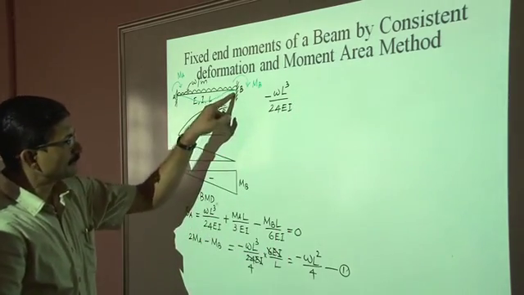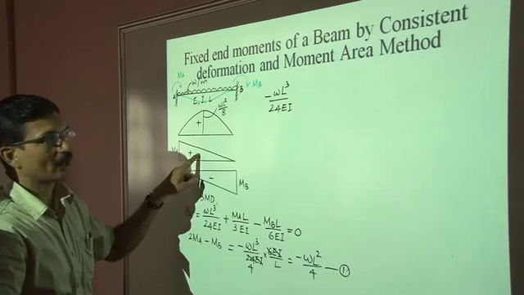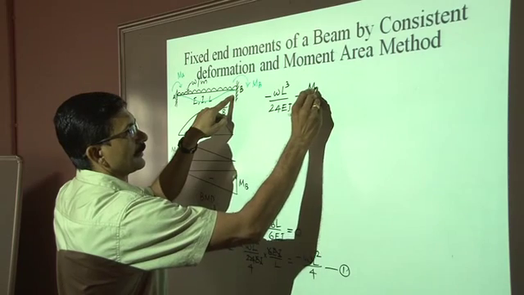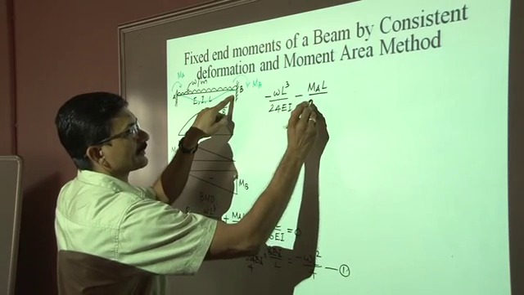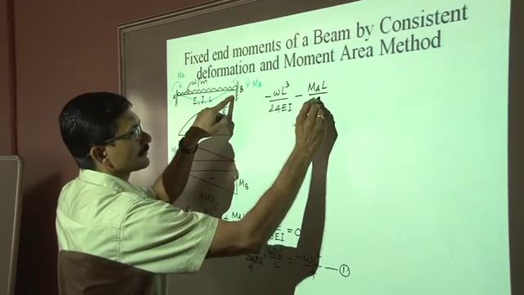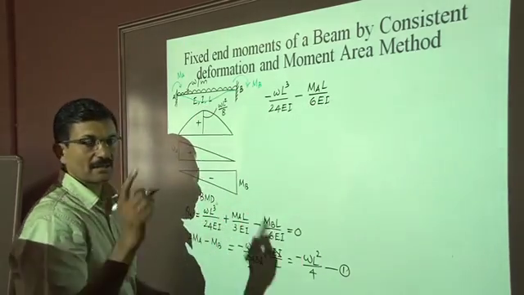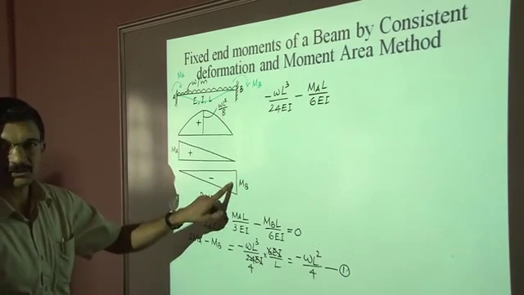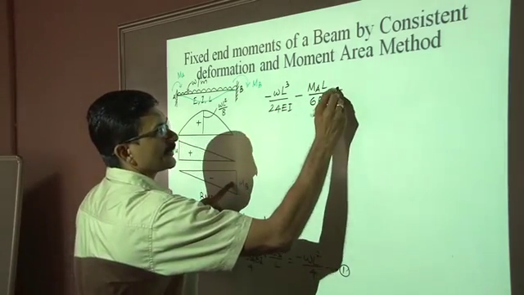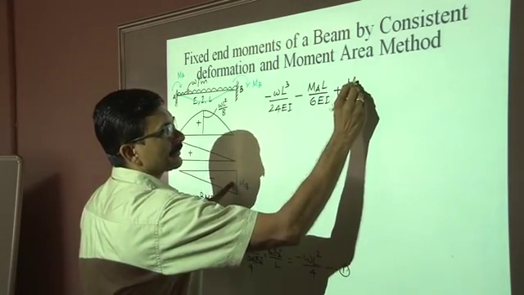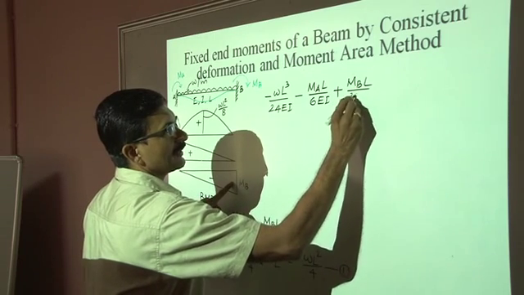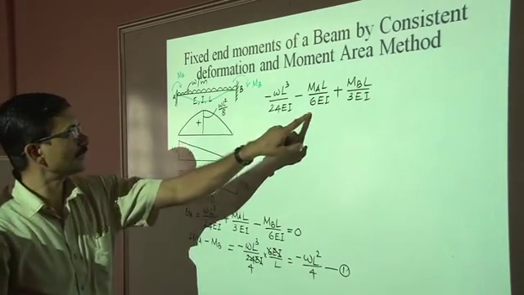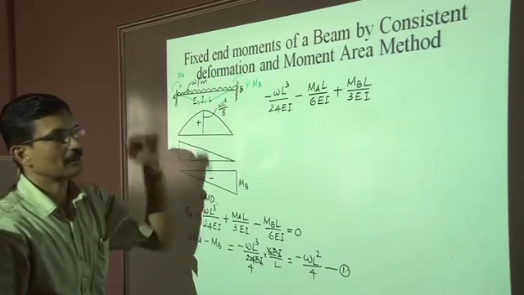The rotation here due to MA alone would be anti-clockwise, so minus MA into L divided by 6 EI, as derived earlier, and the rotation here due to the moment MB would be clockwise, so plus sign, MB L divided by 3 EI. Sum of these three quantities should be equal to 0 as per this diagram and the method of consistent deformation.